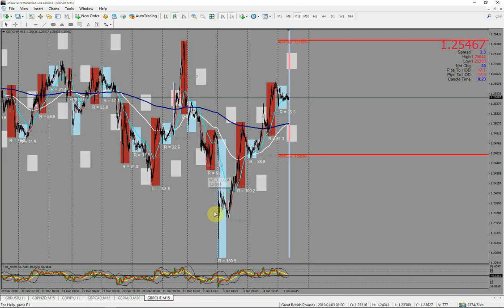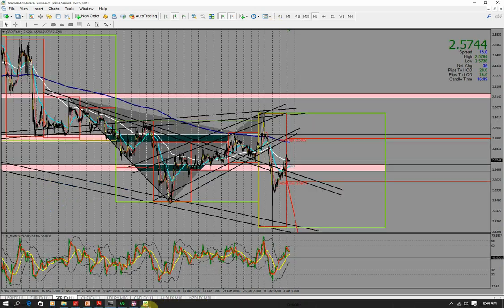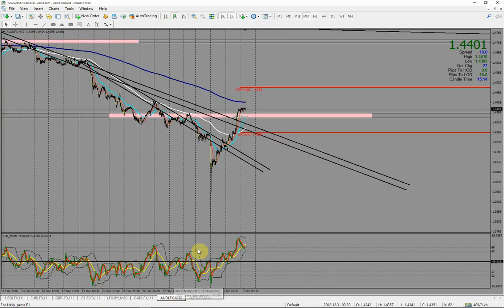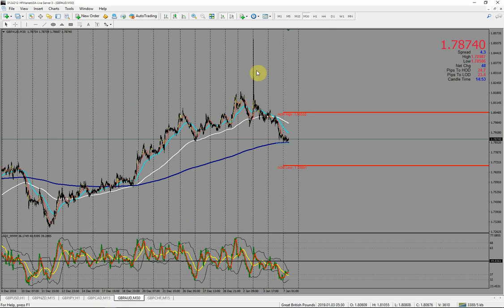GBP/CHF still gave us the same thing, but why did GBP/AUD give us that pin to the upside? Let's look at what the Australian dollar did. AUD, you see what I'm talking about? The Australian dollar was way weak. It was too weak, so it gave us that pin to the downside. So if it's weak like that, GBP/AUD definitely is going to give us a pin to the upside.